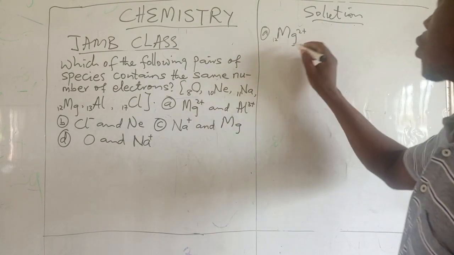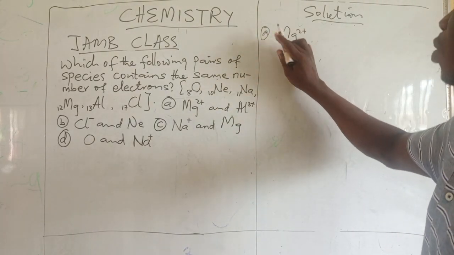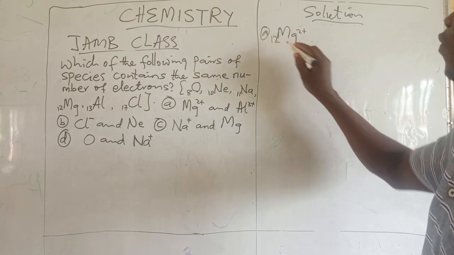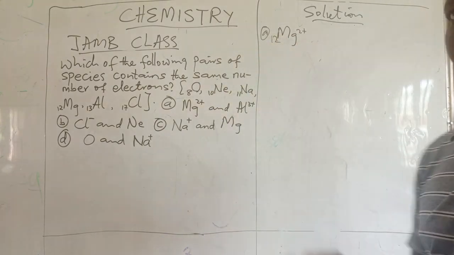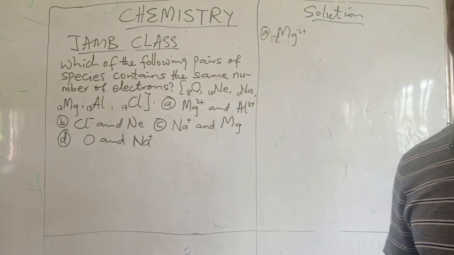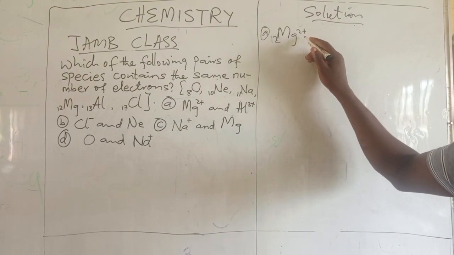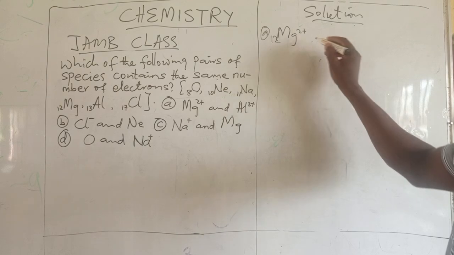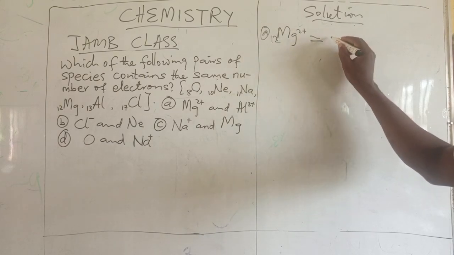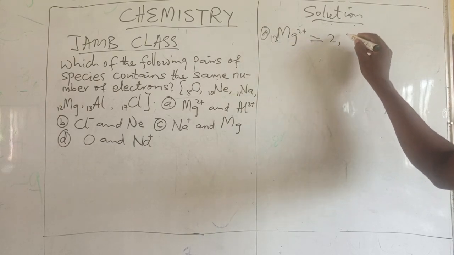So if you remove 2, this plus 2 means it has given out 2 electrons. So if you remove 2 electrons from 12, how many is remaining? That's 12 minus 2, 10. So you write the electronic configuration to be 2 and 8.